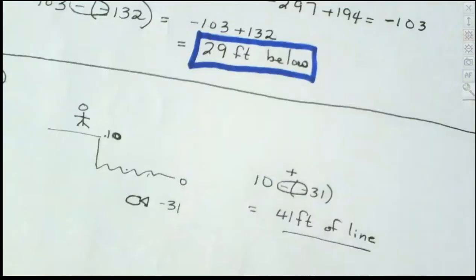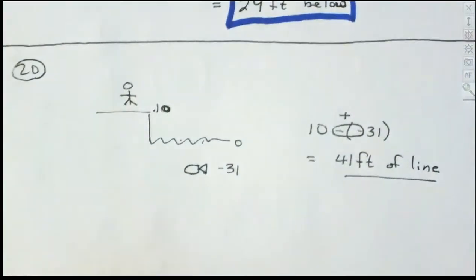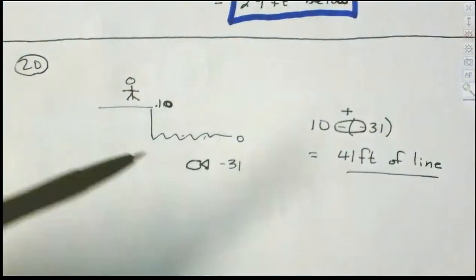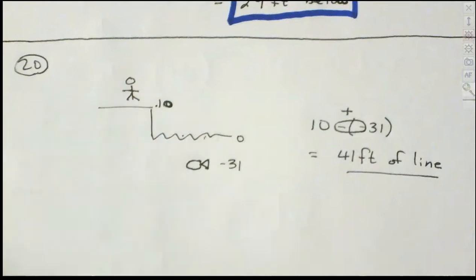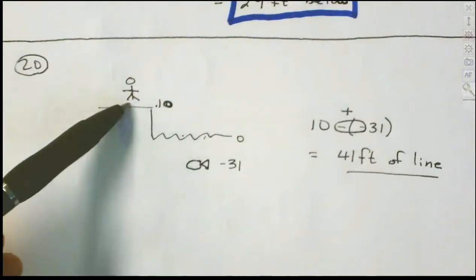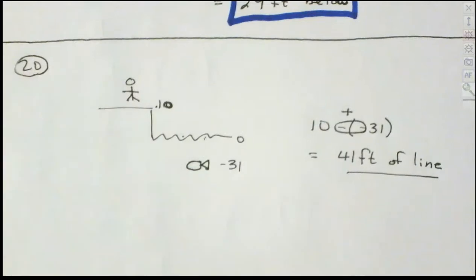But you could have either subtracted them and used that double negative, or drawn your picture and just looked at it and seen the difference there. Because you want to find the difference between where she's at and where the fish are. And that's going to be a difference of 41 feet. So she's going to have at least that 41 feet of line to catch her fish.